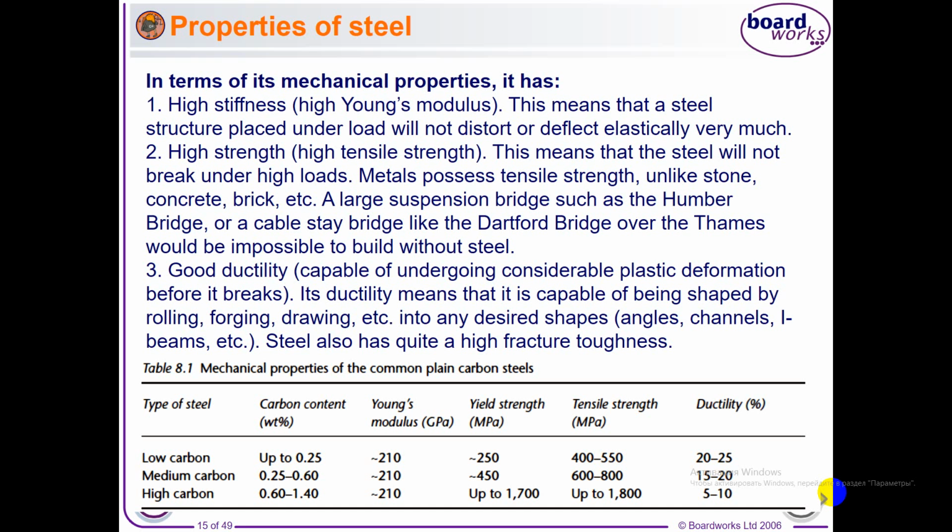And of course, poor fire performance. As steel is so dense and is such a good conductor of heat, it doesn't perform well in fire unless it's protected. Steel loses much of its strength if heated to 1000 degrees temperature.